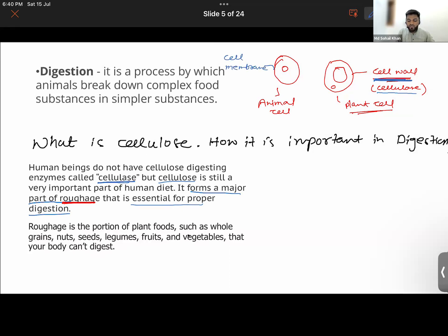Like we all have boundaries outside our houses, right, guys? It is similar to the boundary of the cell. The major difference between the boundary of an animal cell and that of a plant cell is that the cell wall is made up of cellulose and it is strong and rigid. It does not change its shape.